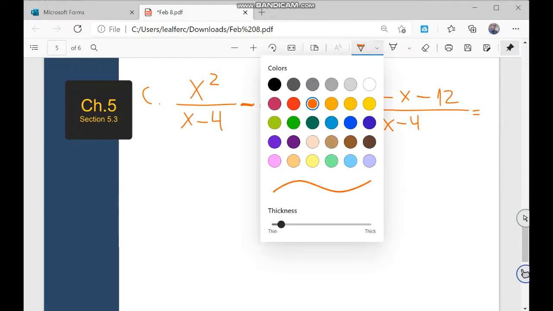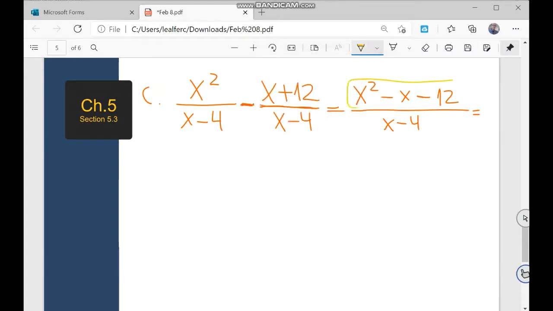You need to factor out this expression, because probably we're going to be able to simplify with x minus 4. And for that, you need to remember the techniques that we worked on last chapter, or last month.